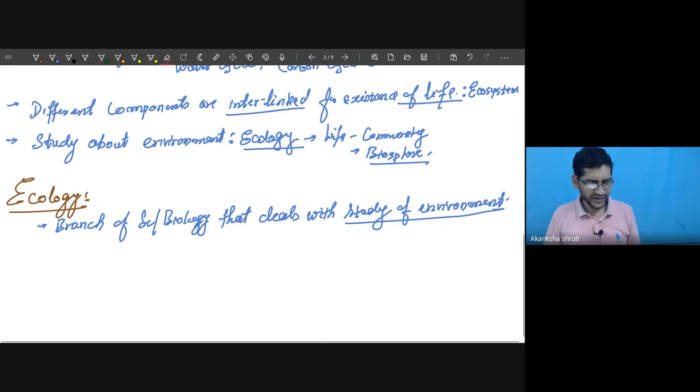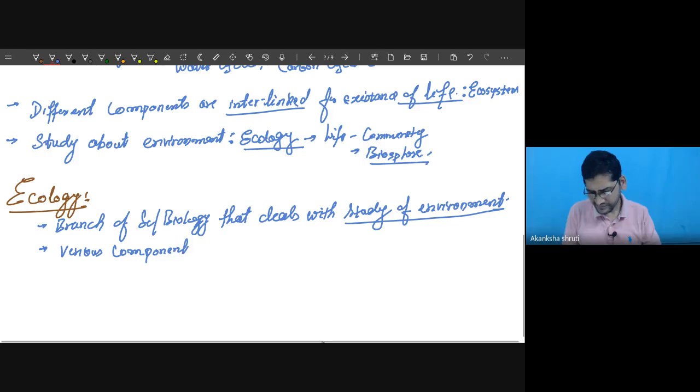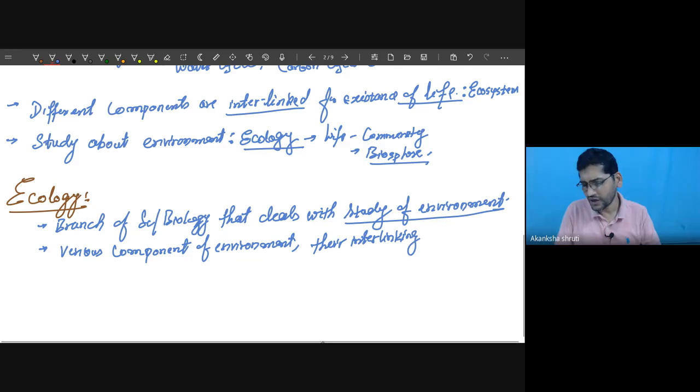So this ecology is very important. How is this environment? What are the factors affecting it? So ecology includes the various components of the environment and their interlinking. This interlinking is called what? Ecosystem.